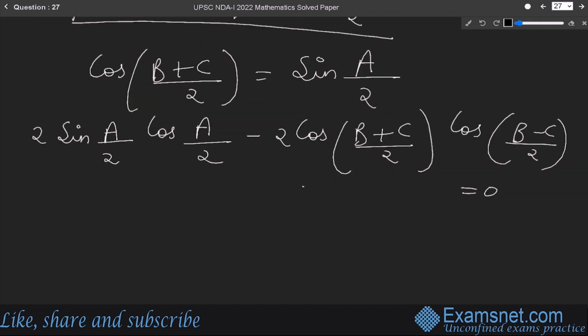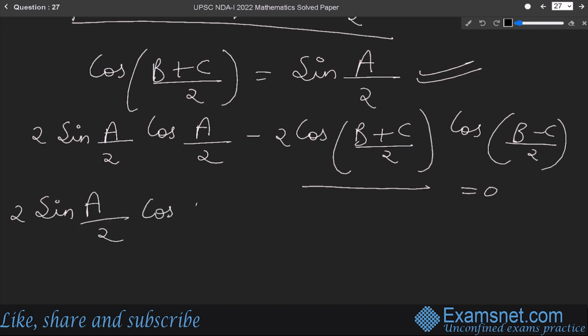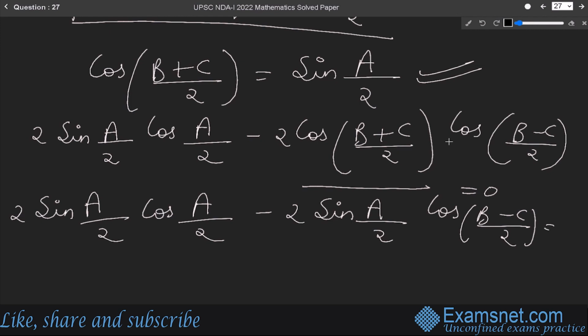So here in this place I will be writing sin(A/2), which we have already found here. So the next step will be 2 sin(A/2) cos(A/2) minus 2 sin(A/2) cos((B-C)/2) is equal to 0.